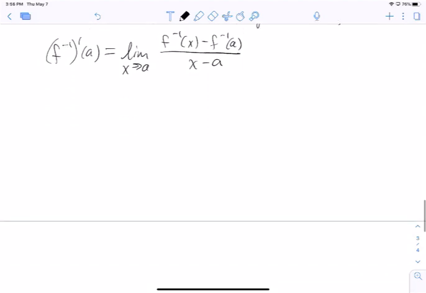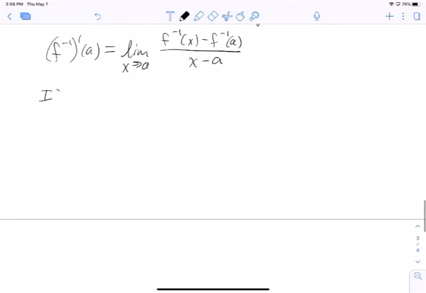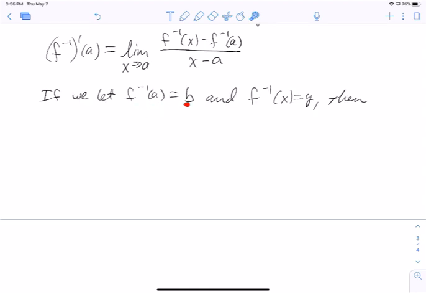Now let's see what we can do with these expressions here. If we let f inverse of a be represented by b and f inverse of x be represented by y, then f of b is equal to a and f of y is equal to x.